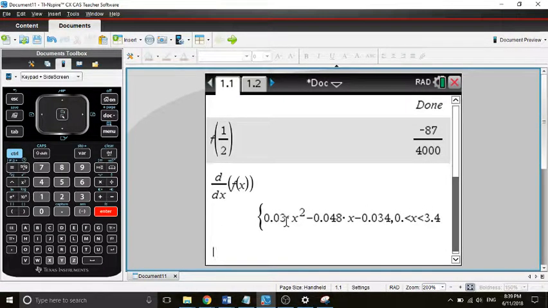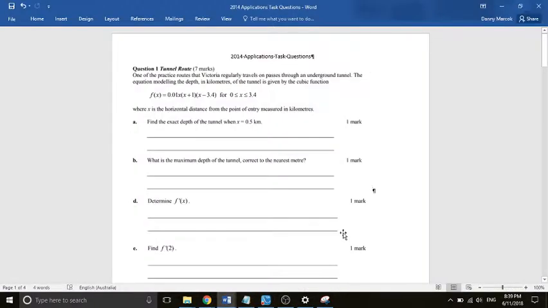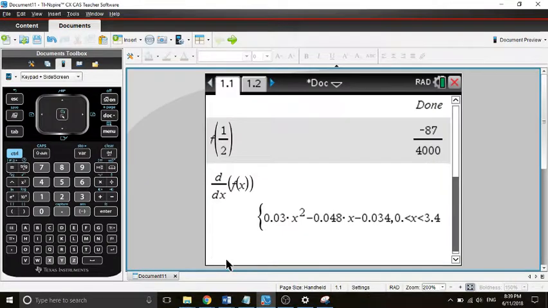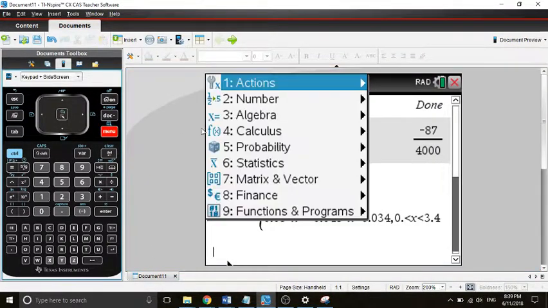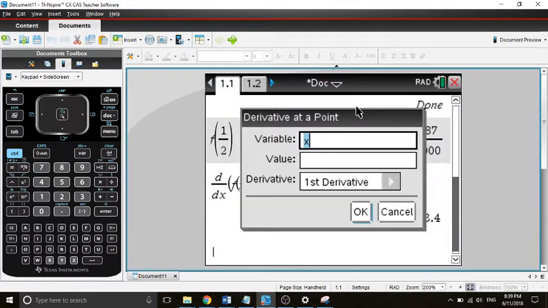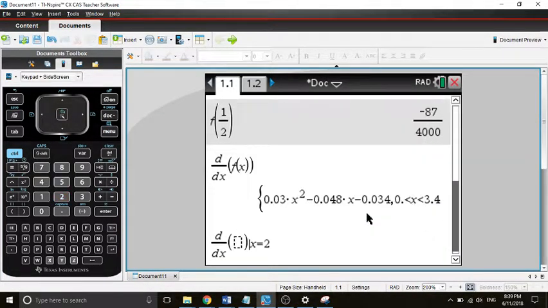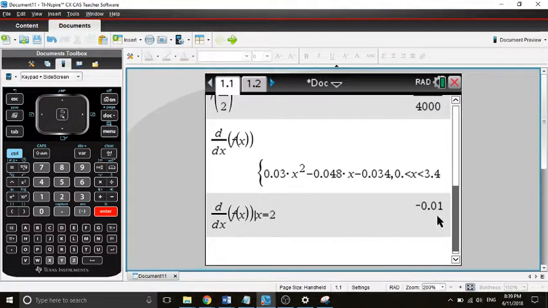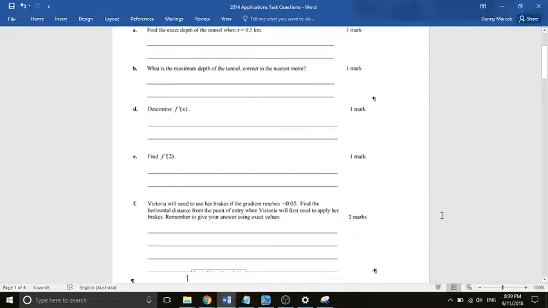So it's 0.03 x squared, minus 0.048 x, and so on. For f dash of 2, we could use derivative at a point: menu, calculus, derivative at a point, x, our value is 2. Click on OK for f of x, and there is negative 0.01.